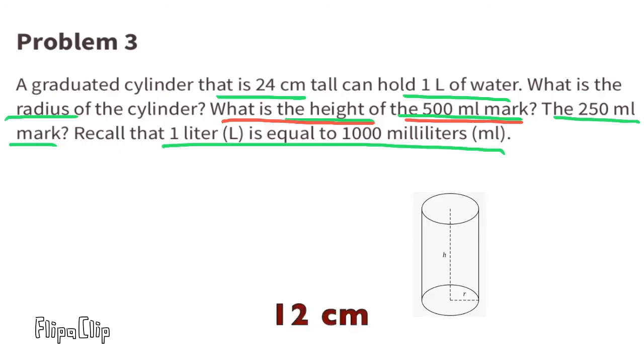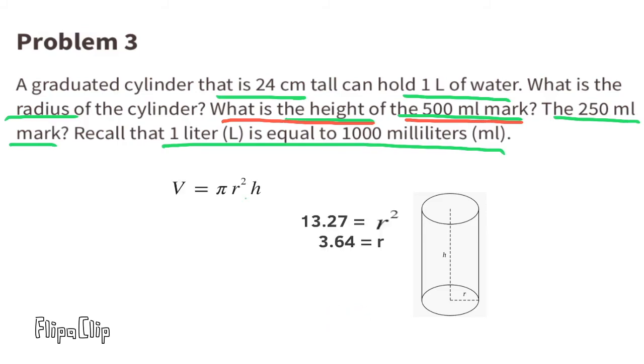That was the easy way. We could have substituted the V with 500 and then figured out the height by solving for h. Divide both sides by 13.27 times pi, and h equals 12, or 12 centimeters. They also ask, what is the height of the 250 milliliter mark?